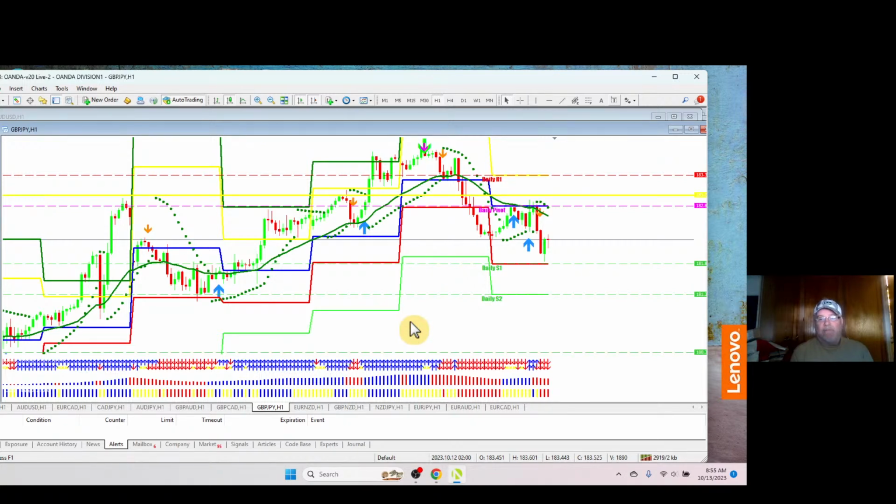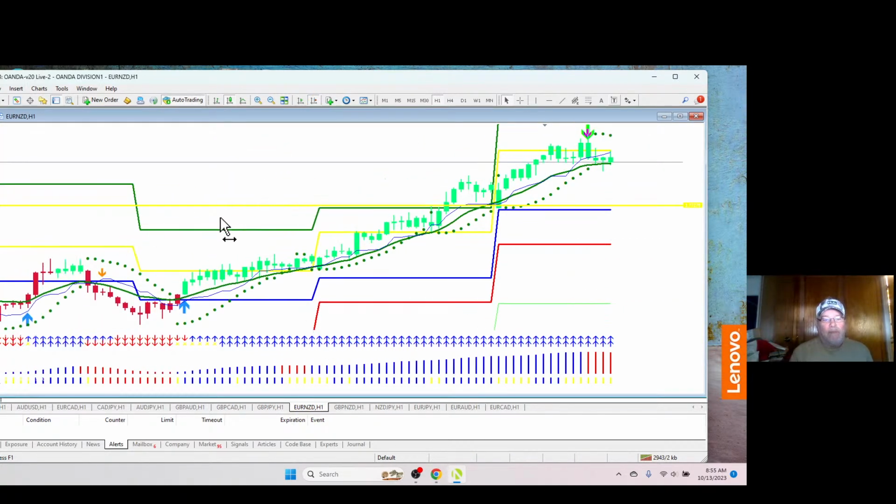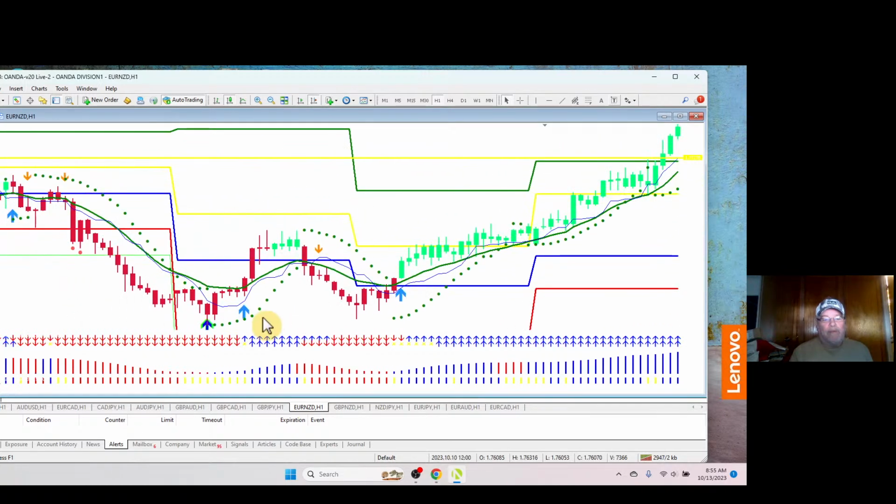It takes time, because when you start feeling that something's running away. Let's go back to the Euro New Zealand. That's a perfect example. When you start to see this running away, after that candle, you go, uh-oh, could be a buy. Then it's 1, 2, 3, 4, 5, 6, 7 candles where it kind of stalled at its high.